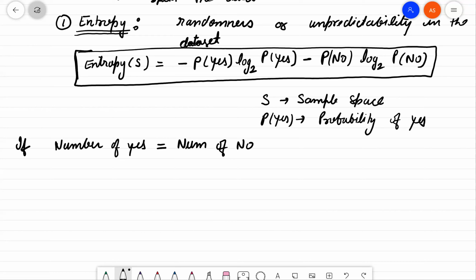In this case the probability of yes or of no is 0.5. Then the entropy of S will be 1.